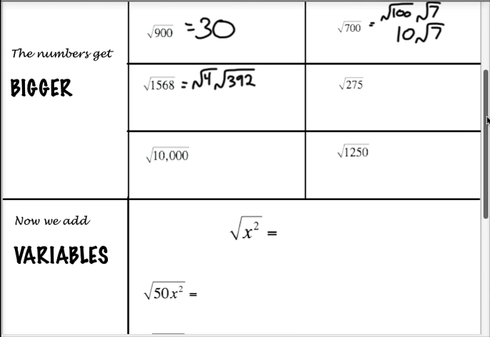So at least I have a more manageable number now, okay? But now let's see, that 392 could potentially still break down. It's still a rather large number. So let's divide that by 4. Well, actually, you can take another 4 out of the 392, and you're left with 98.